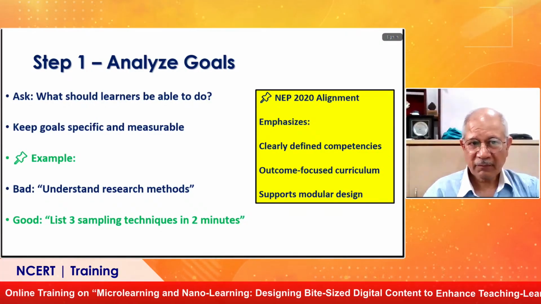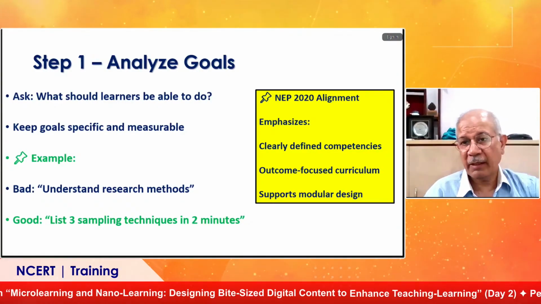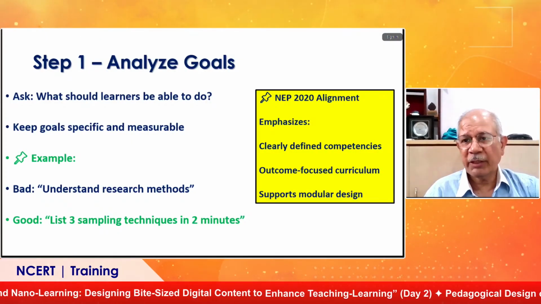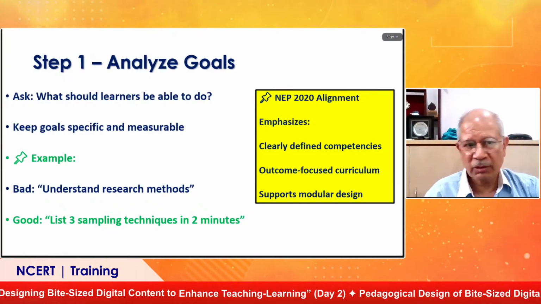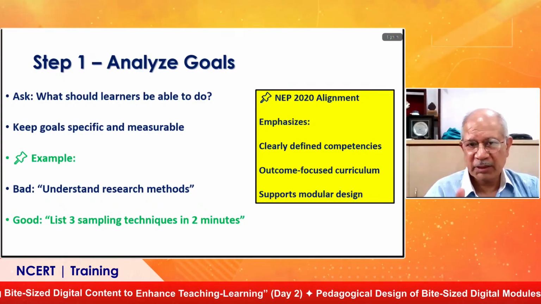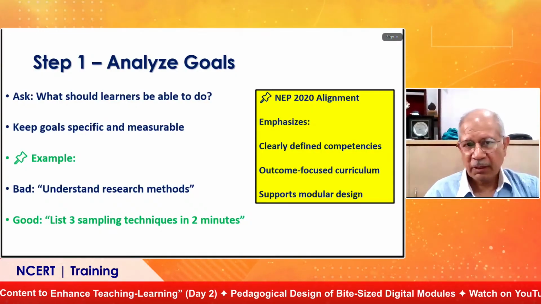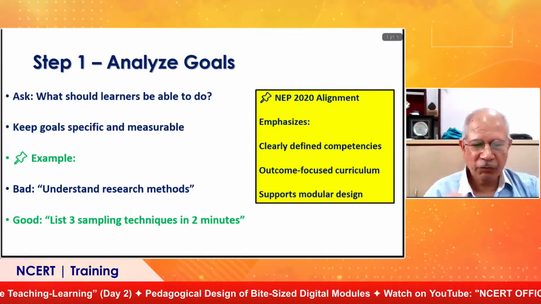And keep it specific. In fact, we say that as per NEP, the learning outcomes need to be smart learning outcomes. So we call them SMART goals. S is specific, M stands for measurable, A for achievable, R for relevant, T for time bound.